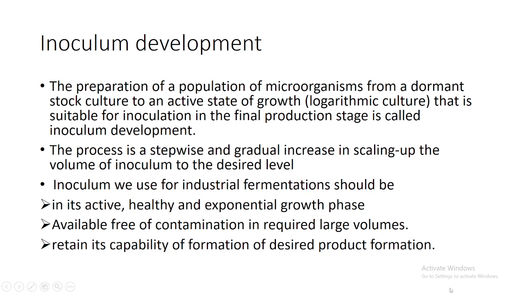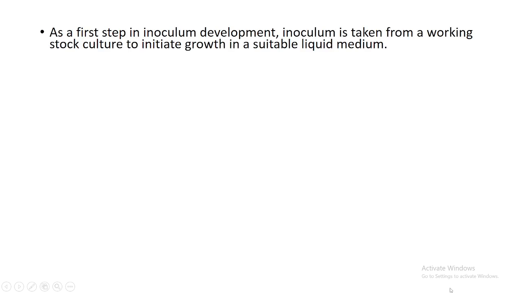The inoculum should also be in large volume, and the inoculum should be able to retain its capacity for the formation of the desired product, so that there is no genetic variability, no chemical variability or whatsoever in the inoculum. So these are some features which the inoculum should have.